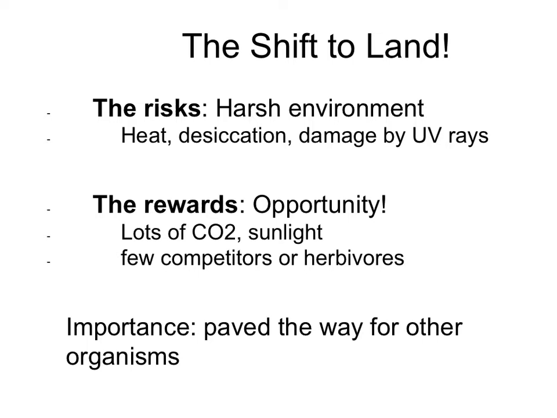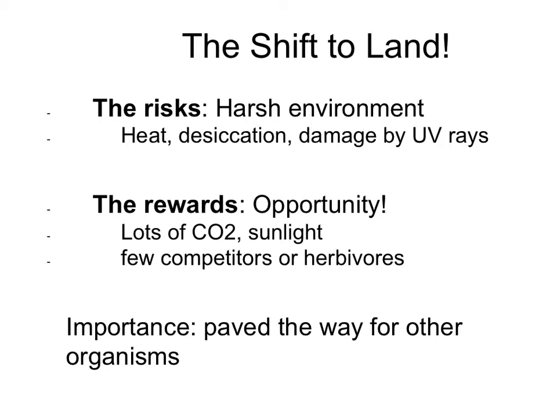Today's atmosphere has lots of gases that help protect us from the sun's harmful ultraviolet rays. But without that protective atmosphere, it's a very harsh environment. So UV rays can damage organisms. There was a lot of heat, and as a result, these organisms can dry out. And if you lose water, you cannot function. So there's a lot of risks.